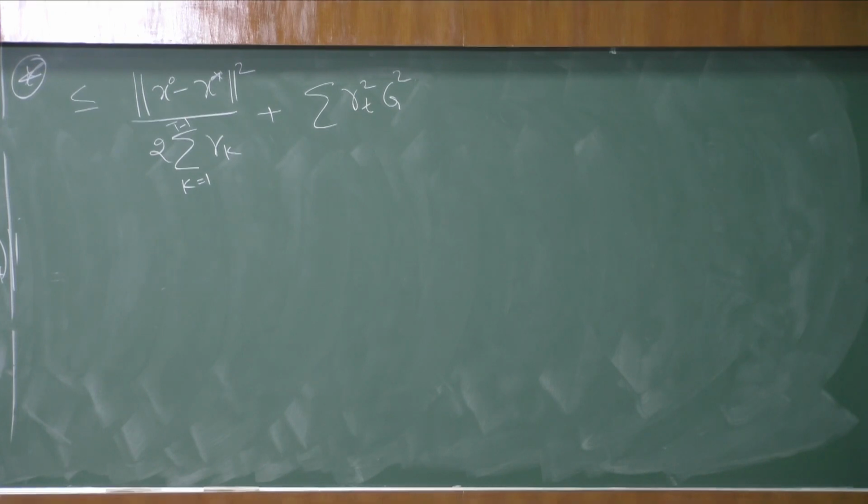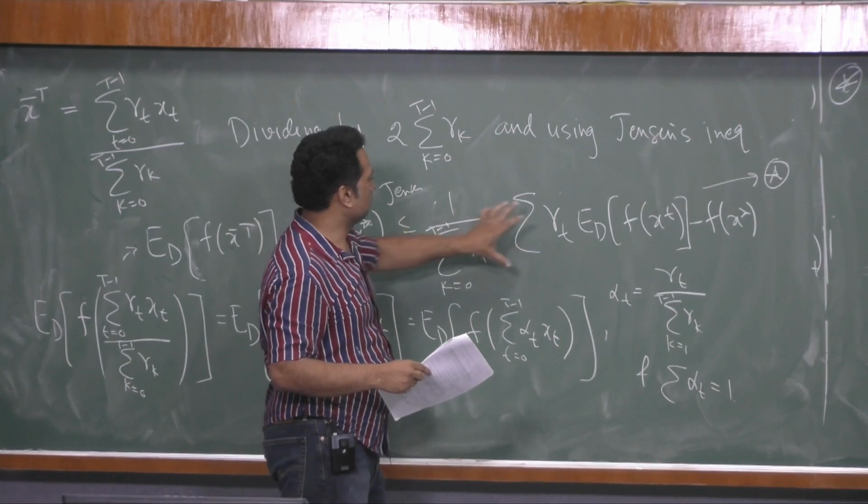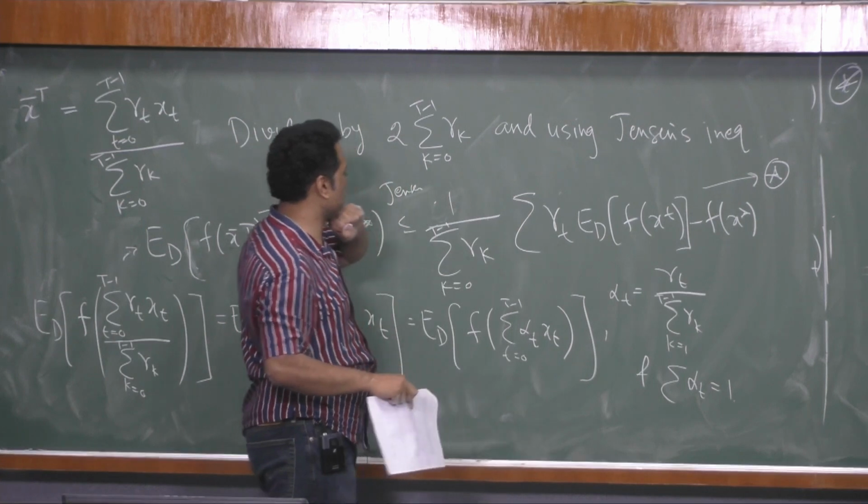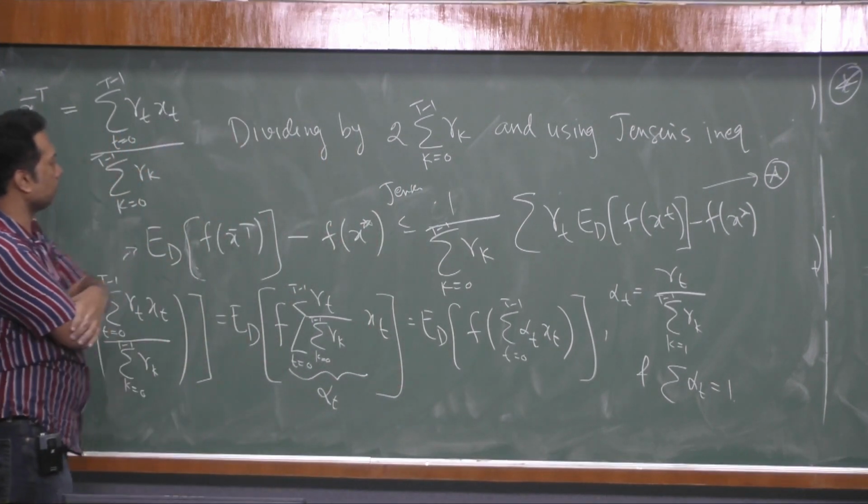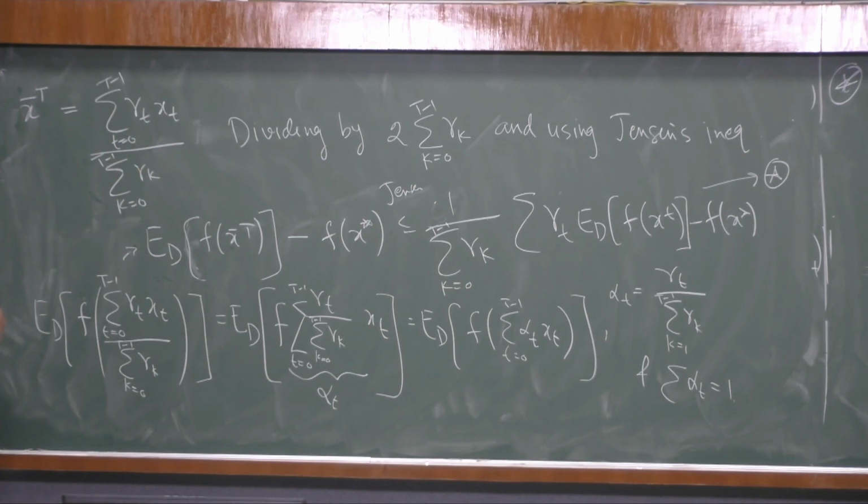So basically, where we left off in the previous part, the bounds were up to here. Now this term was less than or equal to something, right?